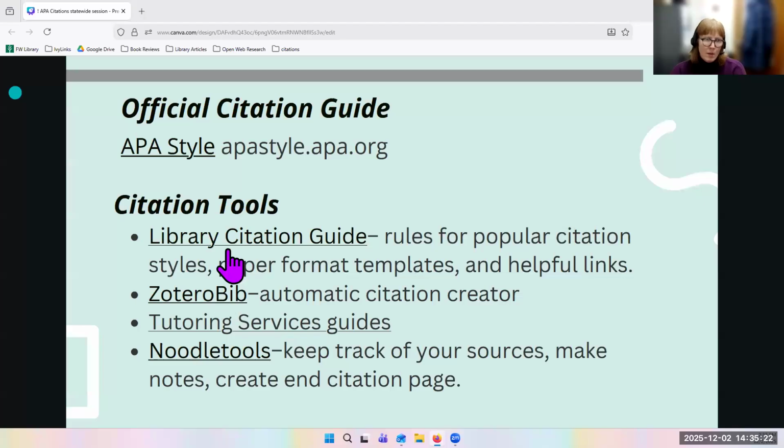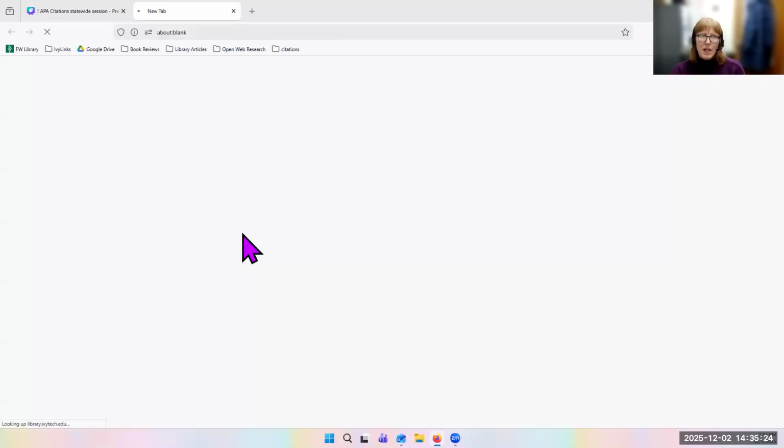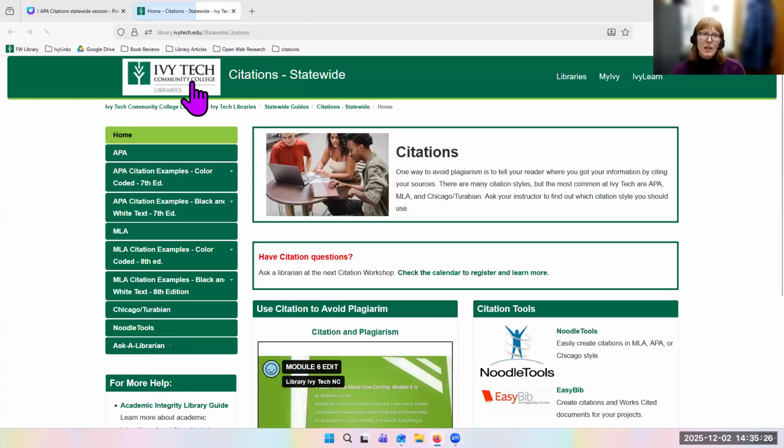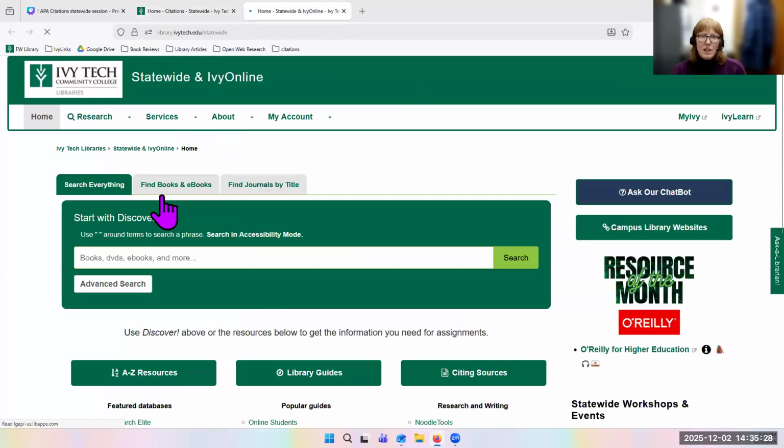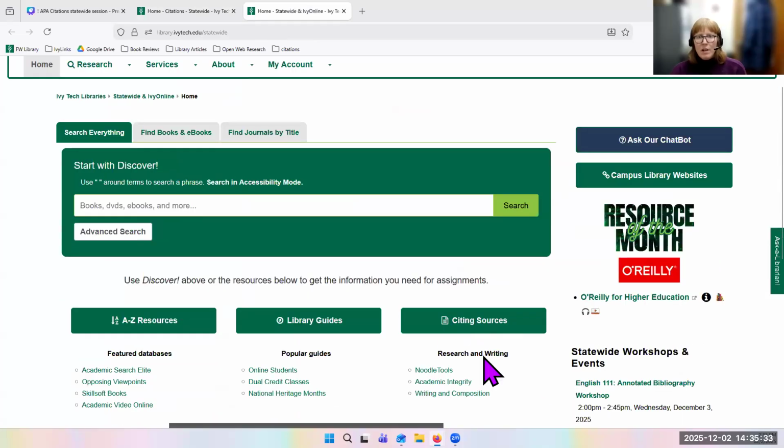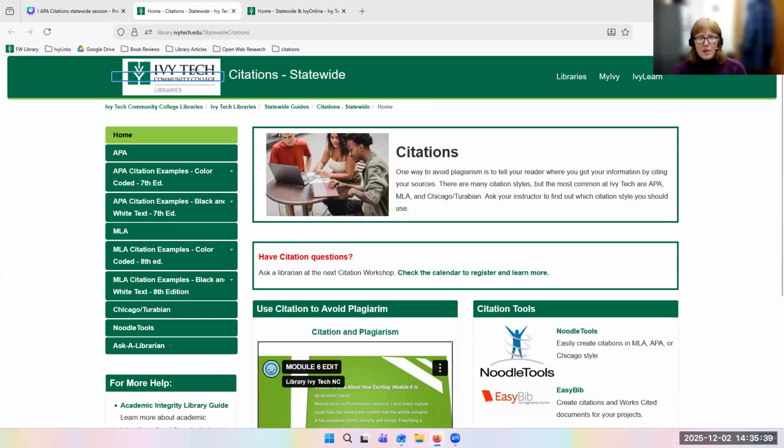Okay, another guide that I want to highlight is the library's citation guide. And to find that, on our website here on the front page, we have a citing sources button in the middle. And this will take you to our citations page.